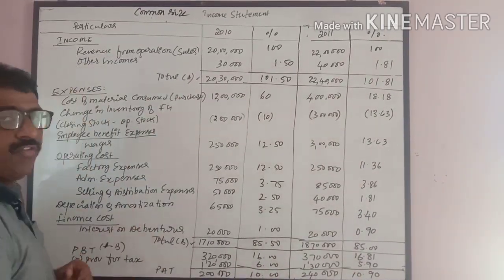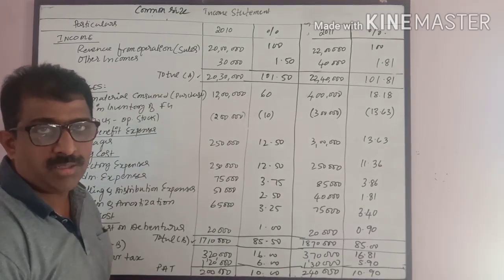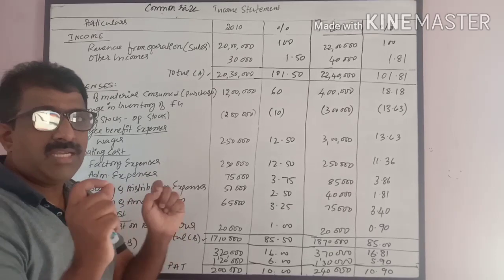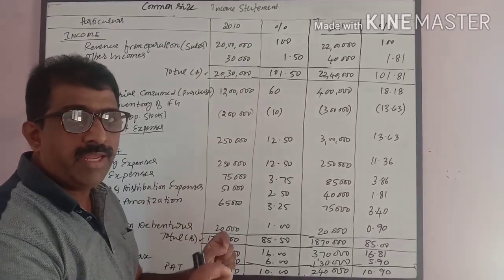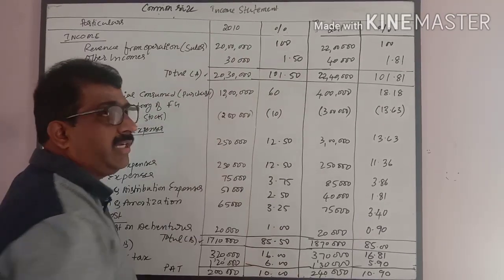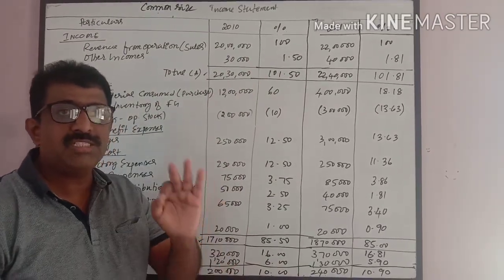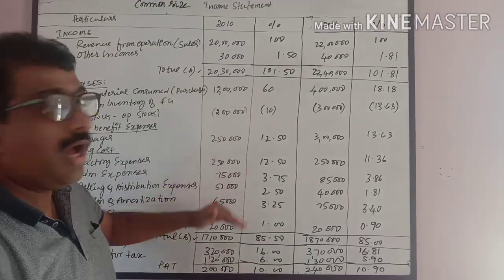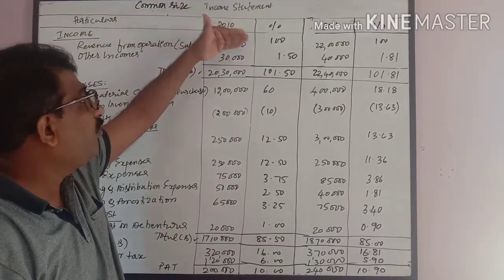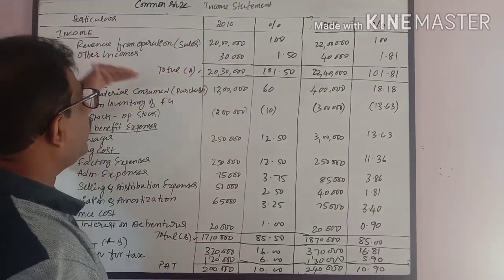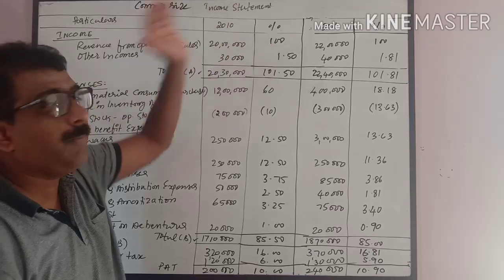In case of common size income statement, please carefully listen. In case of common size income statement, always we take the total sales as 100%. We assume the total sales as 100% and each individual items are compared with the sales to find out the percentages.